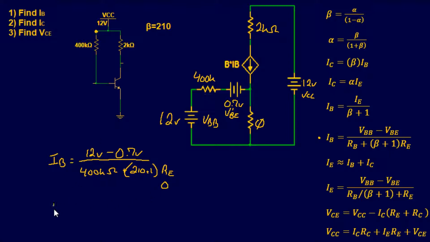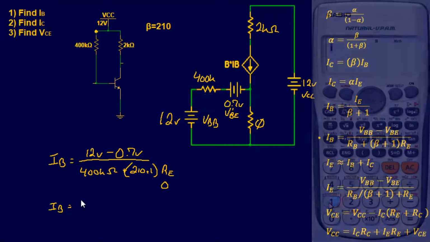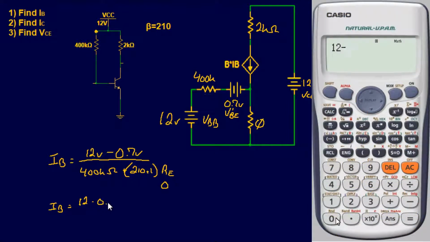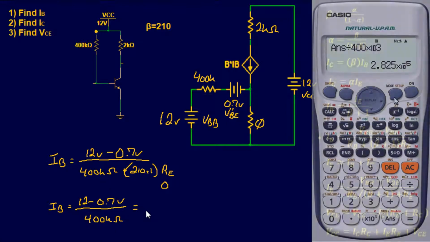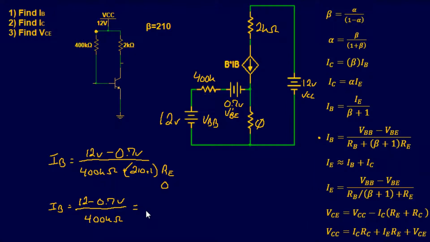So we have a base current of 12 volts minus 0.7 volts over 400 kiloohms. If we plug and chug that in our calculator, it's going to give us an answer of 2.825 times 10 to the negative 5 amps, also known as 0.028 milliamps.